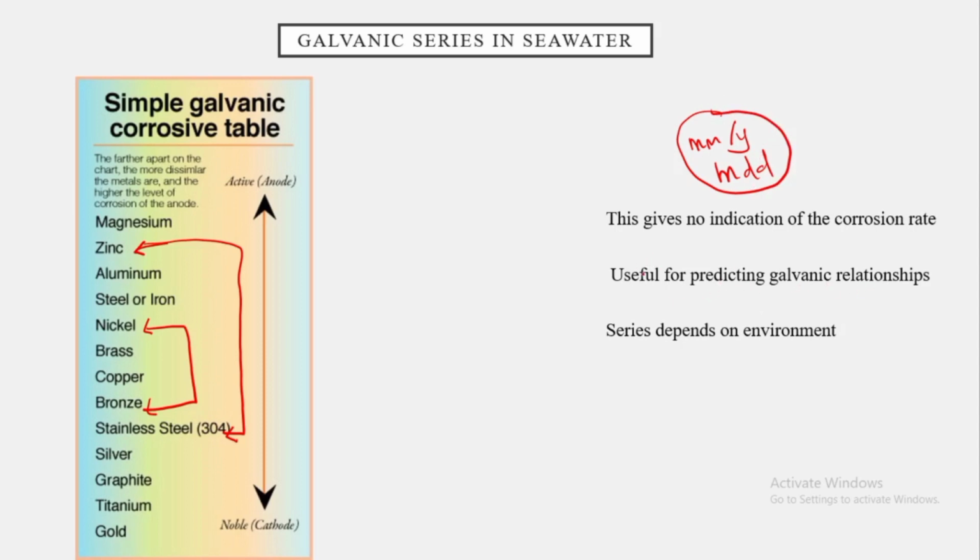Yes, because it can help you know that when you couple this material to this material, which one is going to undergo dissolution and which one is going to be protected. And the series depends on the environment, as stated here. We are talking about seawater. Under a different environment, the series will change.